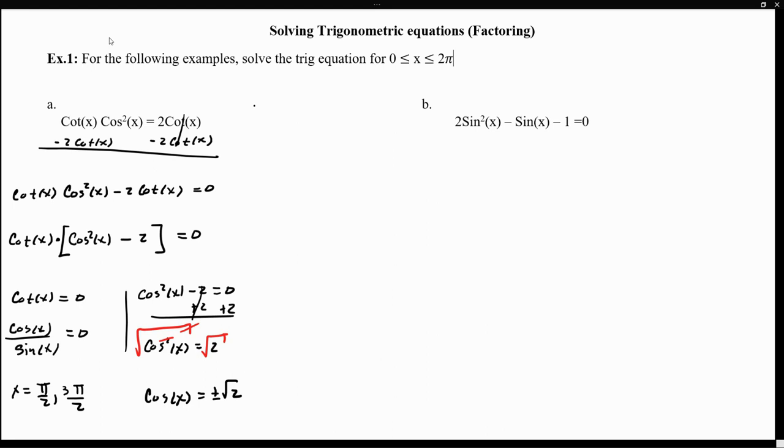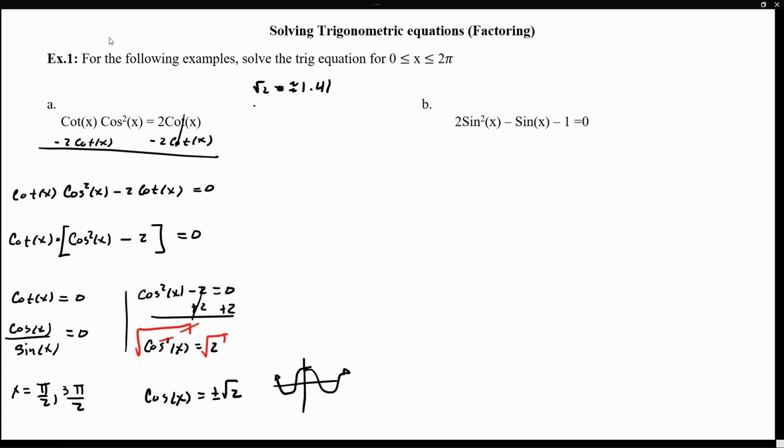But here, notice that the value square root of 2 is approximately 1.41. So we're looking for an angle that if I evaluate the cosine function, gives approximately 1.41. But that's not okay, because if we recall, the amplitude for cosine is 1.